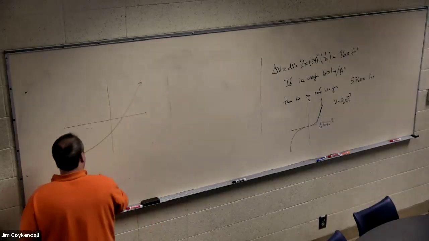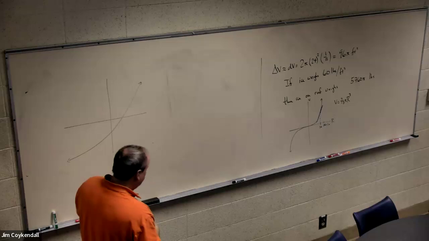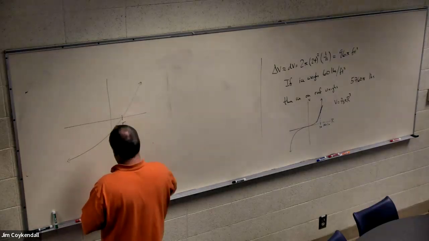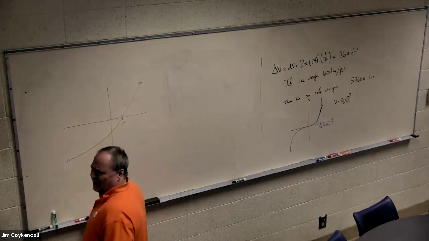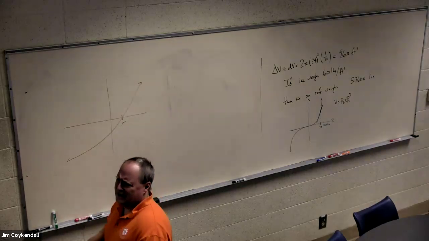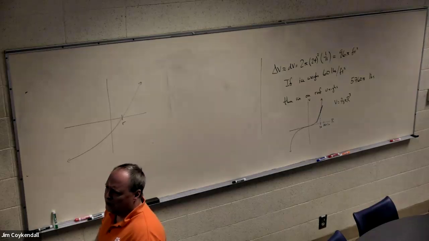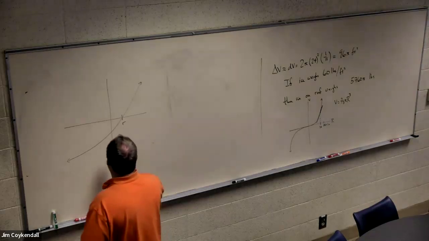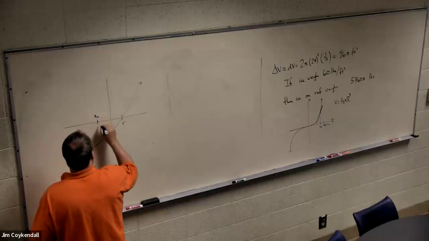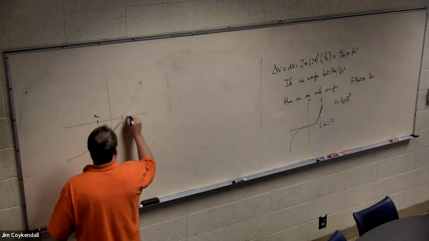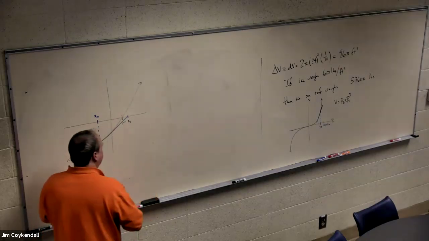So it has to look like this. Very happy. Here's the root. Second derivative is positive. Is x1 larger or smaller than the actual root? Well, let's try a couple. Suppose x0 is here. There's x1. Smaller or larger?